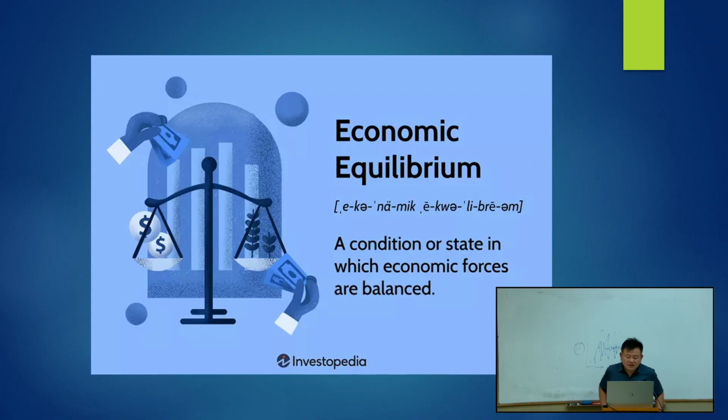Economic equilibrium is the condition or state in which economic forces are balanced. It means some demand and supply curves or other conditions affect the force, and then the condition or state is equilibrium. At these series of activities, we say economic equilibrium, okay?